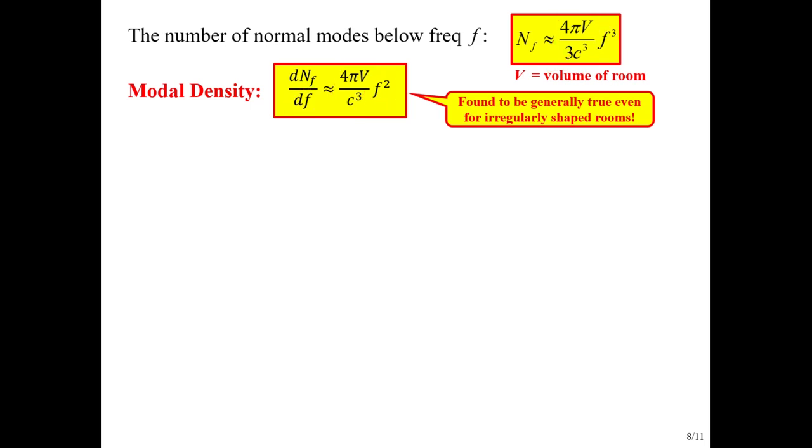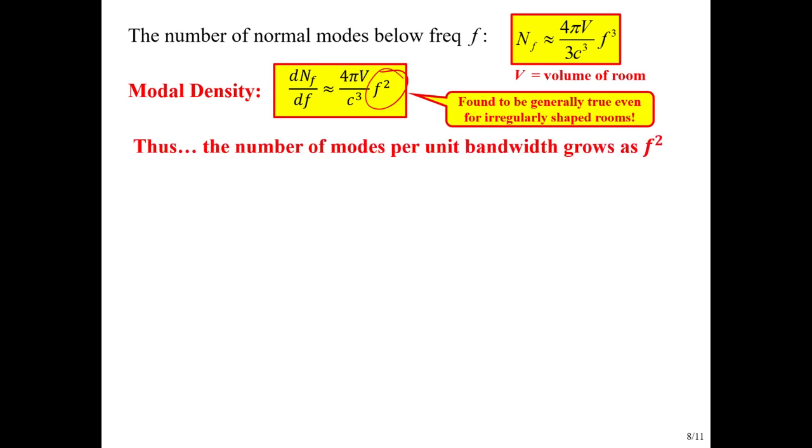And like I said, this result is generally reasonably accurate even for irregularly shaped rooms. So the density, how tightly packed those modes are in frequency, goes up quadratically. So it gets more and more dense as we go up. So the number of modes per unit bandwidth, or per hertz, grows as f squared.